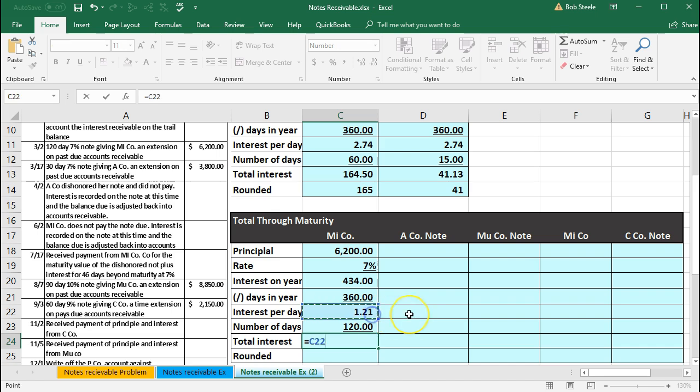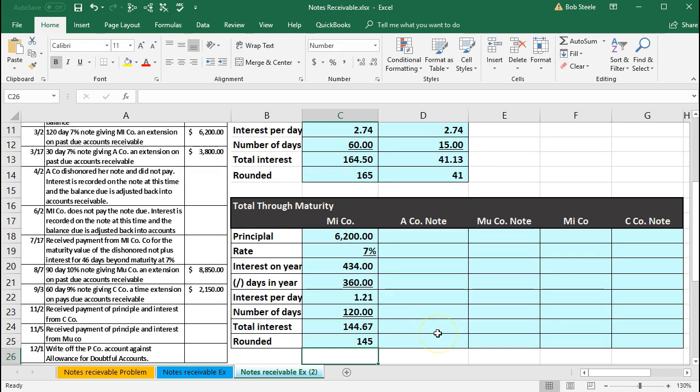This 1.21 times 120 days gives us 144.67. I'm going to then round that by just putting it in this cell, which is already formatted for us, saying equals that 144.67, rounding it to 145.